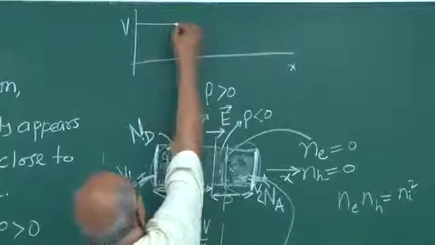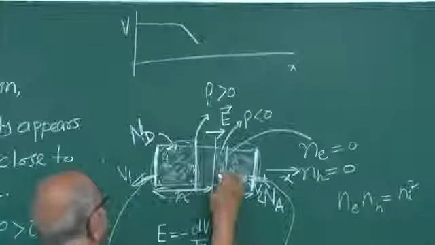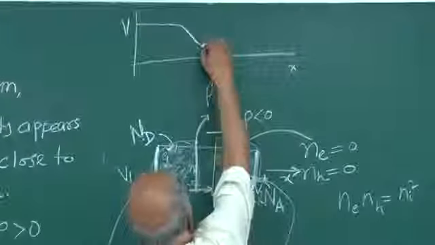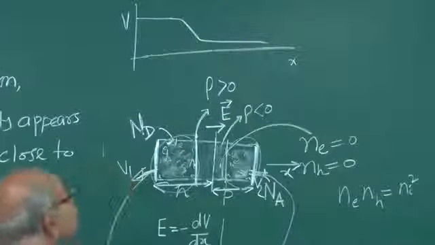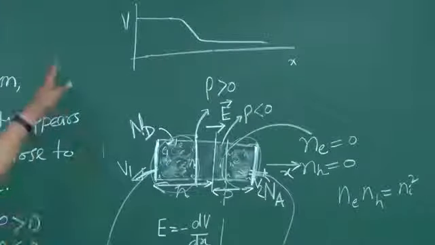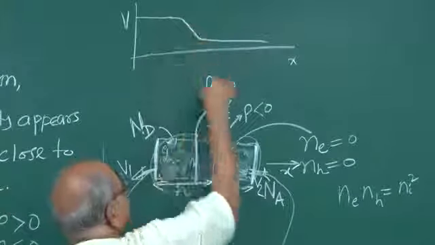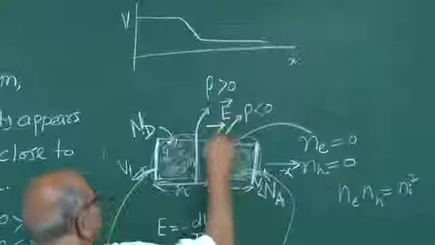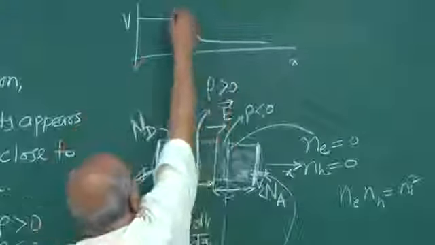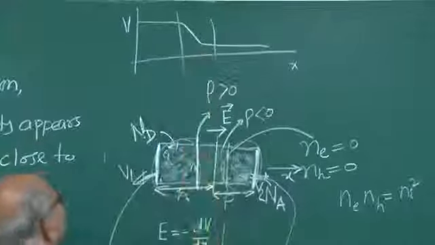So it goes like this, and then again it becomes constant. So this is how the potential as a function of x will look. This is the potential, this is the depletion region.